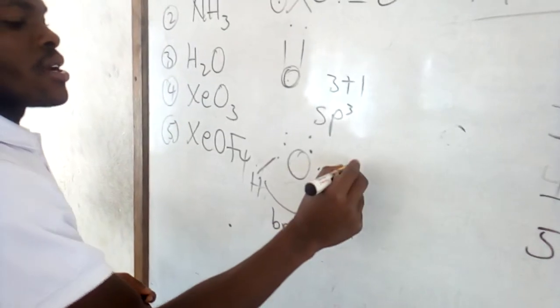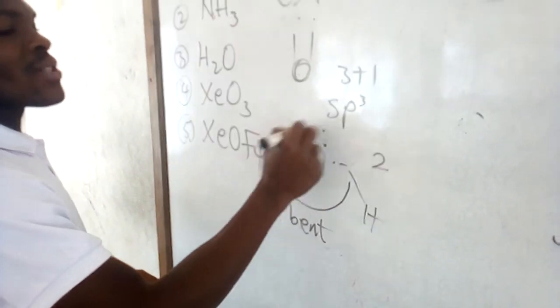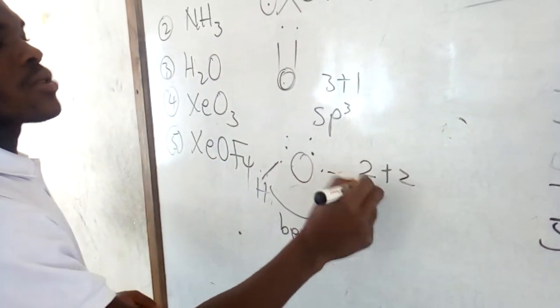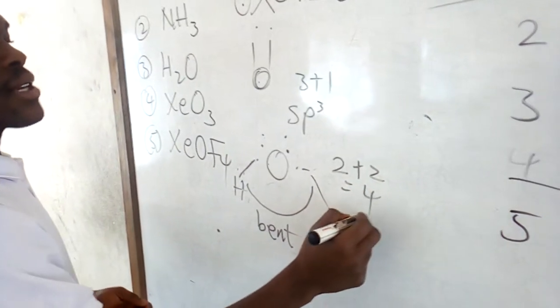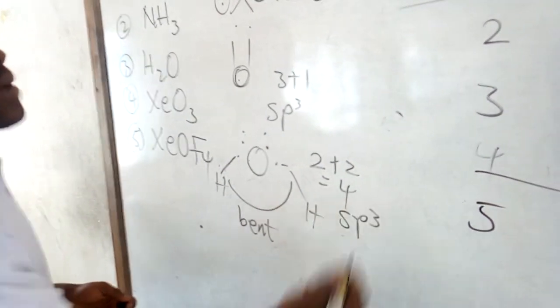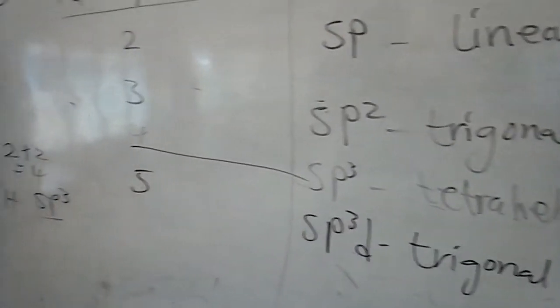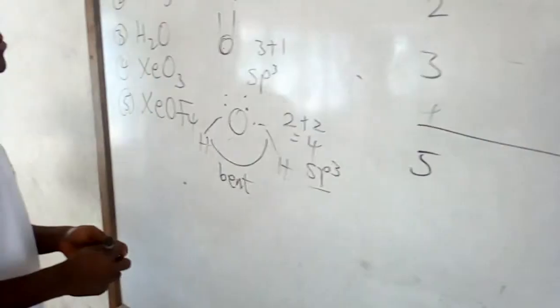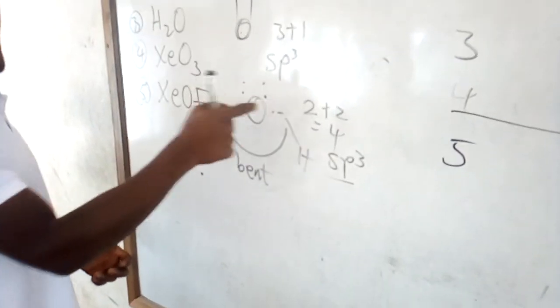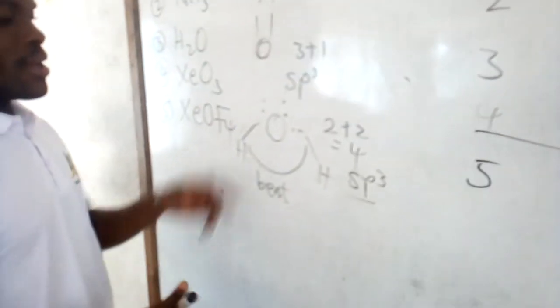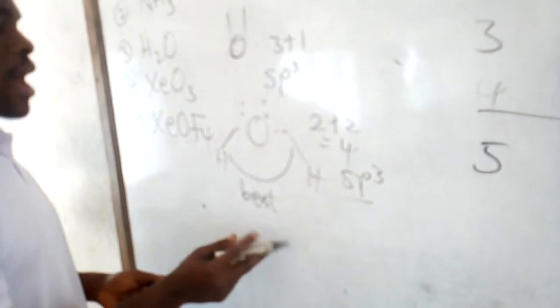And here there are 2 atoms plus 2 lone pairs. 2 plus 2 is what? 4. Hence, it too will undergo sp3 hybridization. Water undergoes sp3 hybridization, but the shape is bent due to the repulsion caused by the electron pairs. Okay, so that is water.